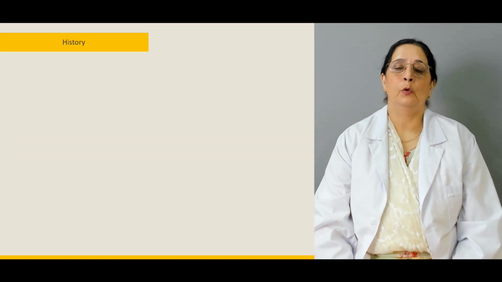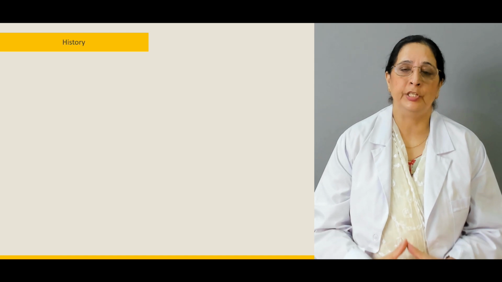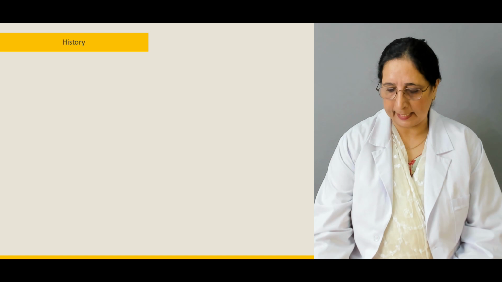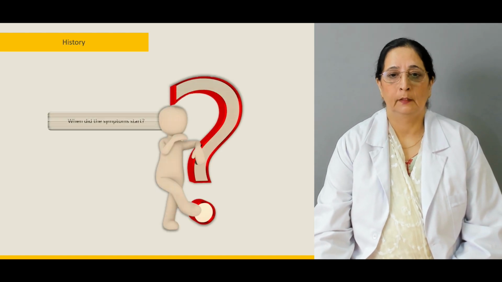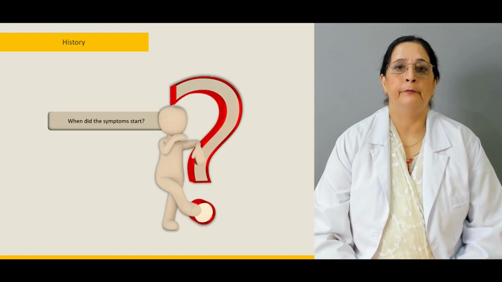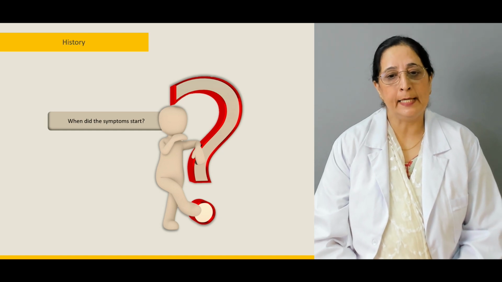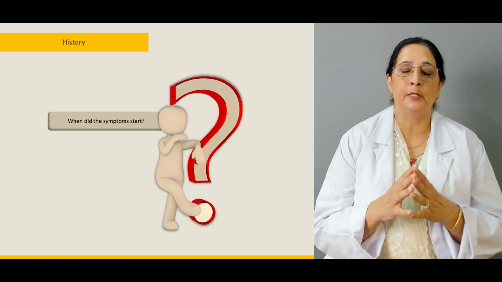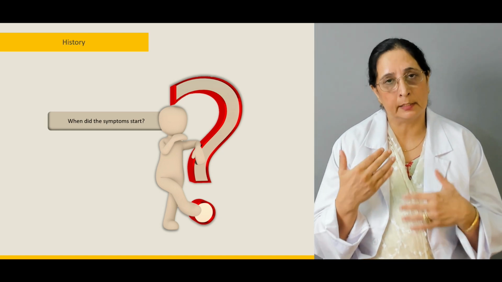Next, we will go over some important questions we need to ask the patient with anaphylaxis. The first very important question is, when did the symptoms start? What were the circumstances in which the symptoms started?